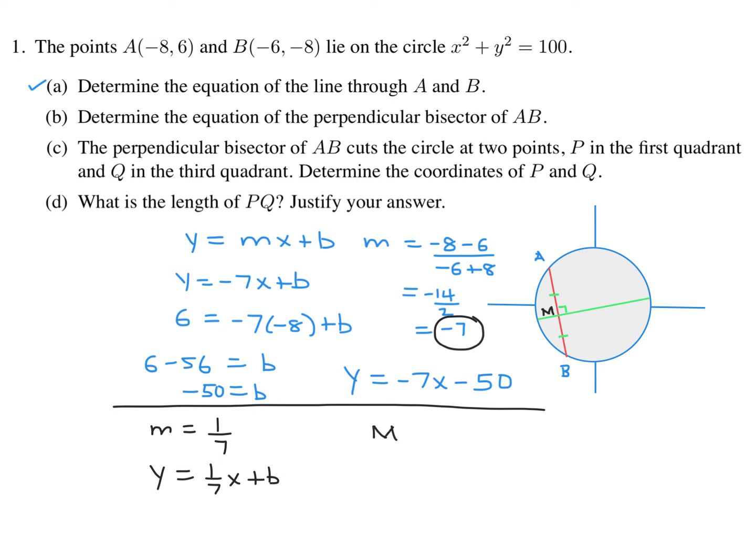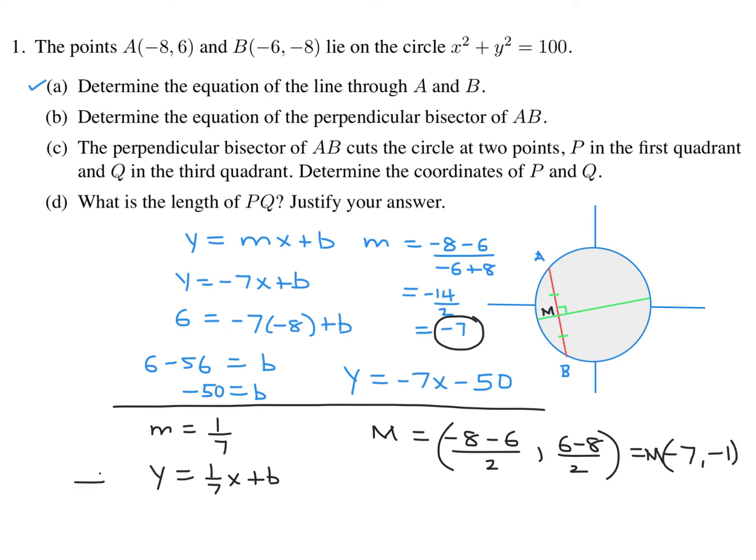M using the midpoint formula on those two coordinates would be -8 plus 6, so you're just adding, -6 divided by 2. And then 6 minus 8 divided by 2. And then that is -7 minus 1. So M has these coordinates.